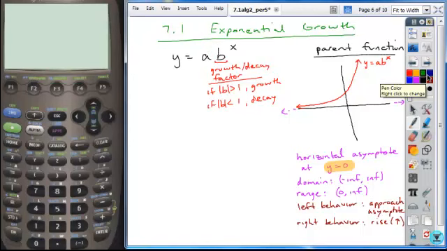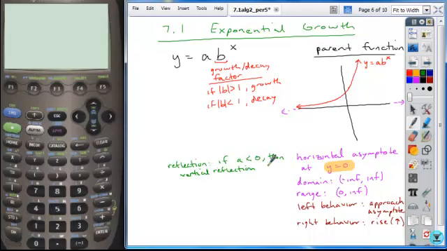All right, so what about reflection? Reflection is based on a. If a is less than 0, meaning a is a negative number, then the graph is reflected vertically.